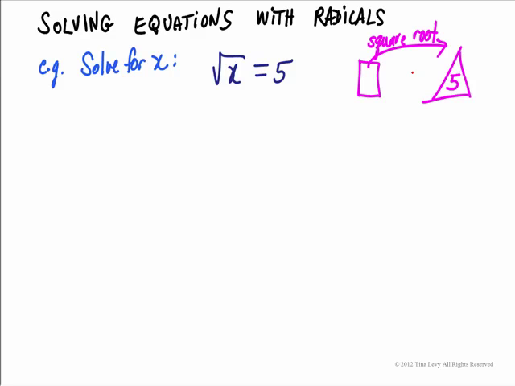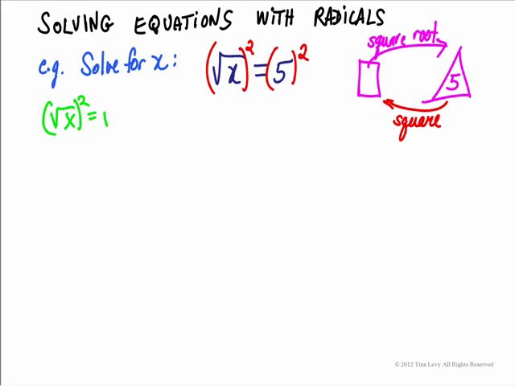So that means we're going to do the opposite of square root. The opposite of square root is we're going to square both sides. So in this problem we get square root of x squared. But square root of x squared is just square root of x times square root of x.